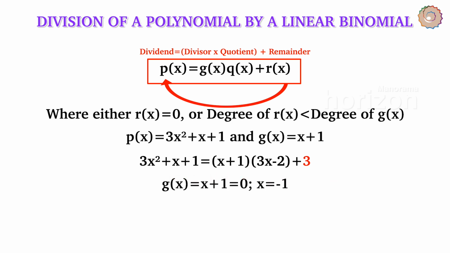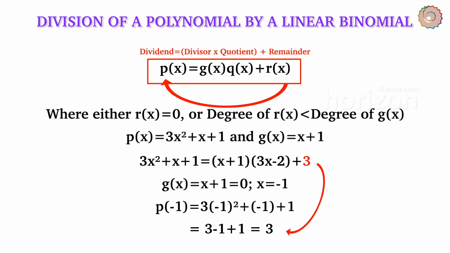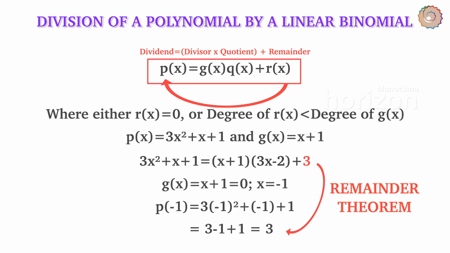Now, find the zero of the polynomial g of x, which is x equals minus 1. Now, substitute this value in p of x, that is p of minus 1. We get p of minus 1 as 3, which is the same as the remainder when we divided p of x by the polynomial g of x. This property of the polynomial is called the remainder theorem.